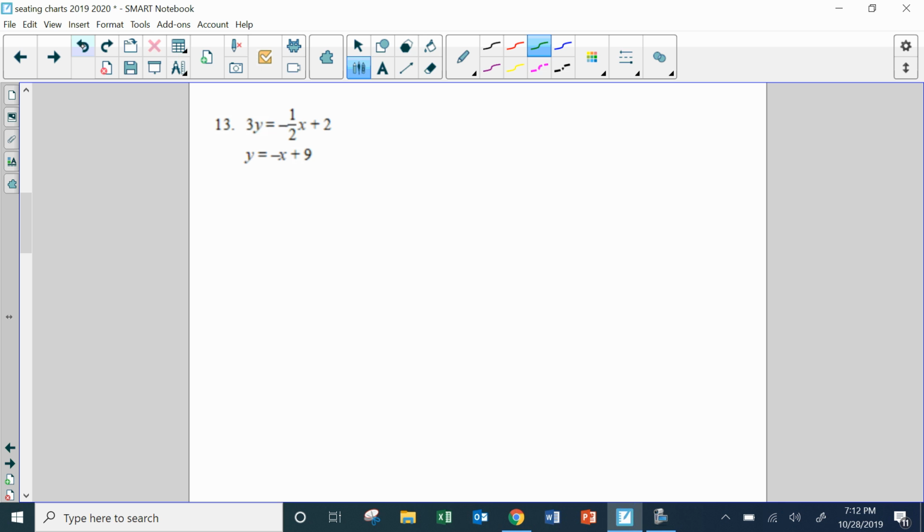So I know if y equals negative x plus 9, and I have a 3 up there times y, I just need to change that y value. So negative x plus 9. All I did is I replaced the y value. Nothing else is going to be different. Remember, all you do is you take out the y and you change the y value into whatever it's equal to.